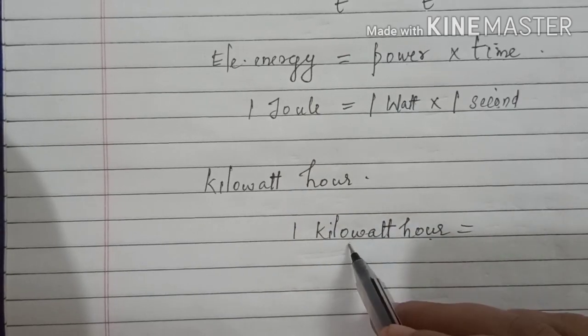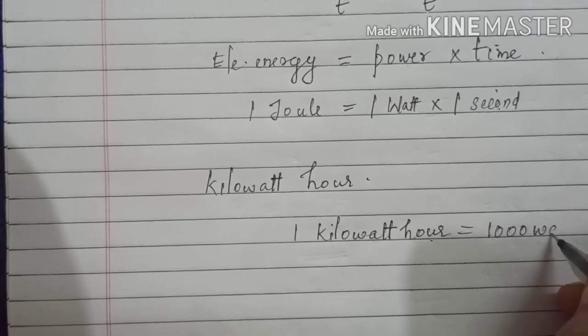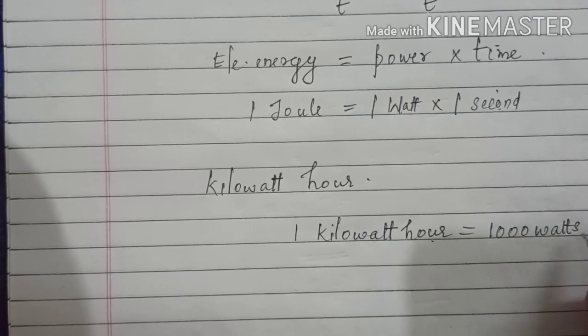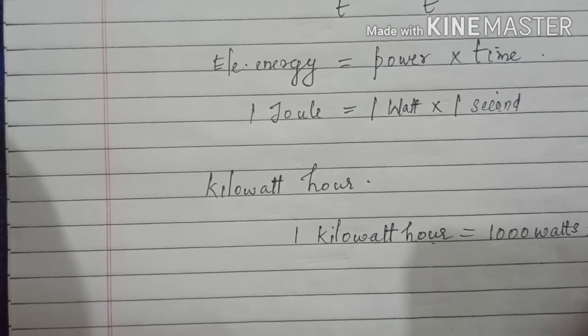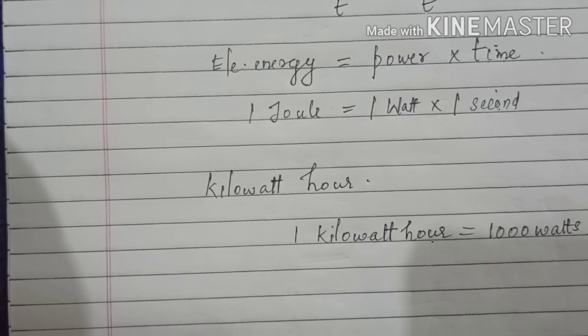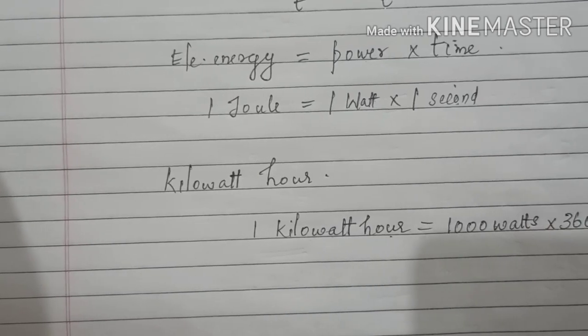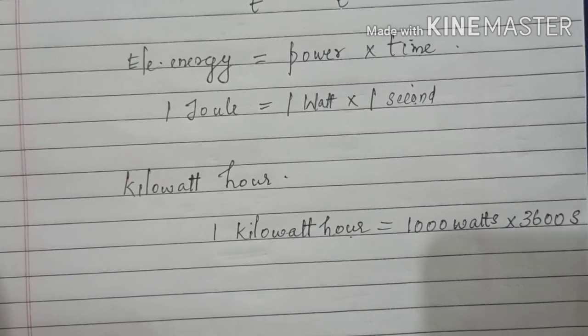So let us do that. 1 kilowatt can be written as 1000 watts. 1000 watts into 1 hour, which can be written as 3600 seconds.